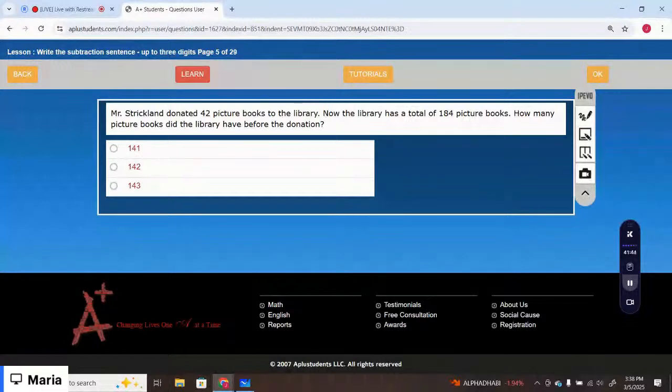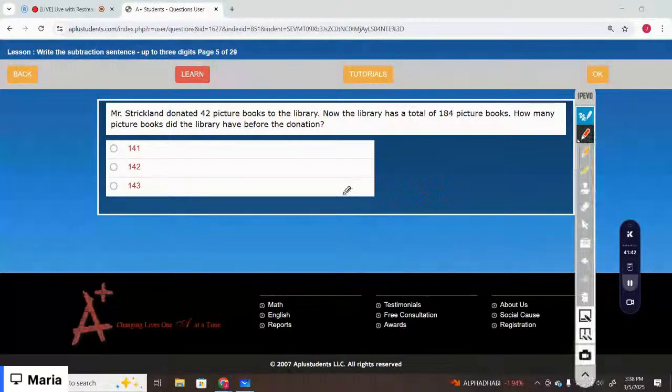So you have to subtract 184 take away 42. 4 take away 2 is 2. 8 take away 4 is 4. That is 142. Option number 2 is the correct one.